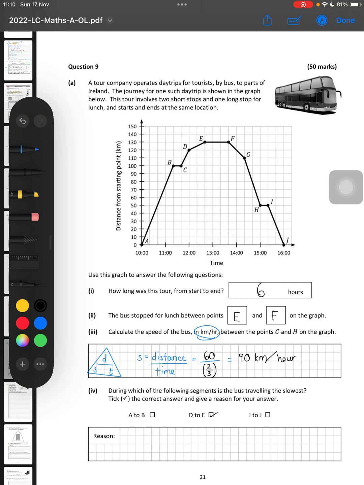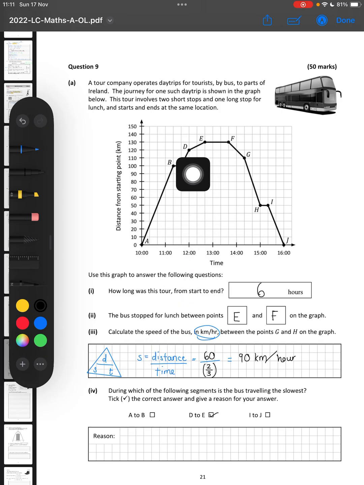It wants a reason, okay? So my reasoning here is that it's basically the least steep of all these slopes. That is a perfectly good reason to say D to E is the slowest. It is the least steep of all those three slopes, or all the three line segments that are being looked at.